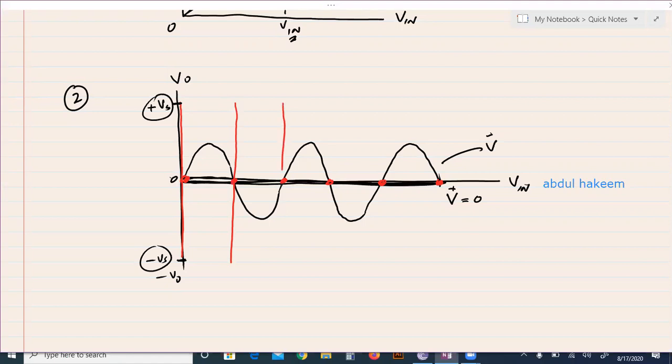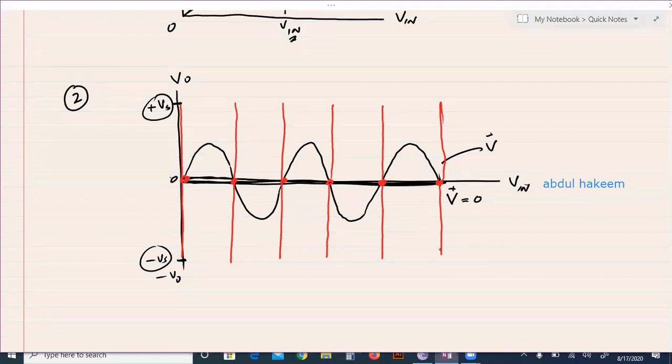Then the next bar here, both sides equal to supply. So up positive supply, down negative supply, and up positive supply, down negative supply. The height of the vertical bar, both sides, is equal to supply, positive, negative, but they are drawn exactly where both inputs are equal, okay?